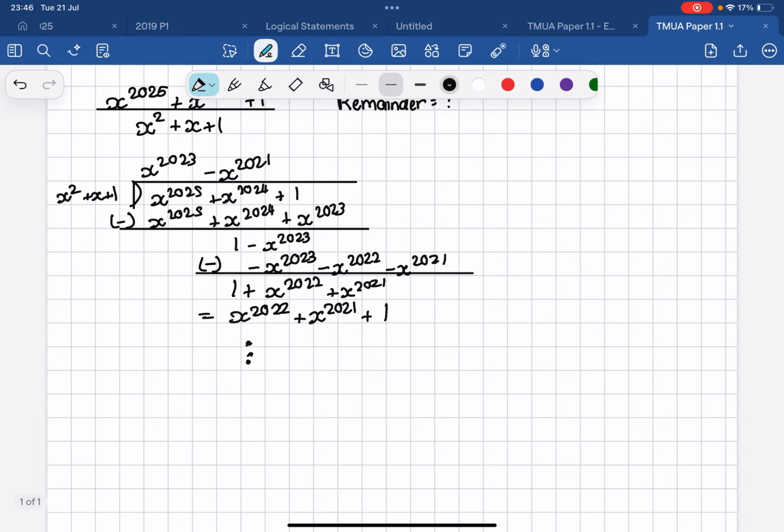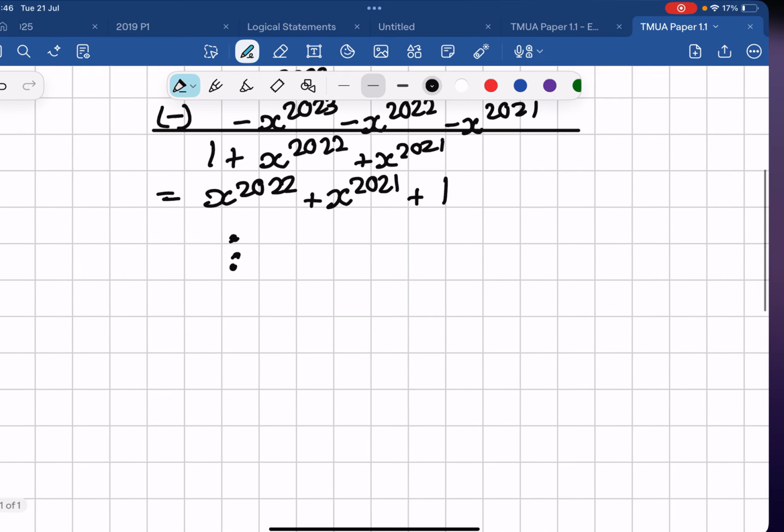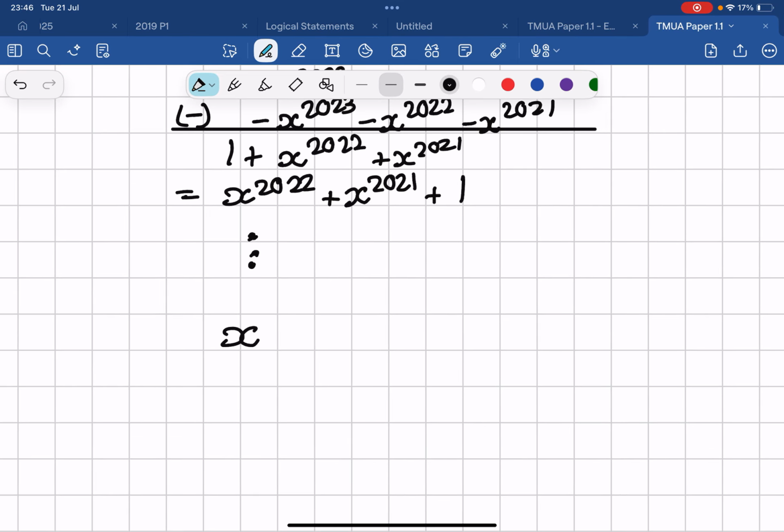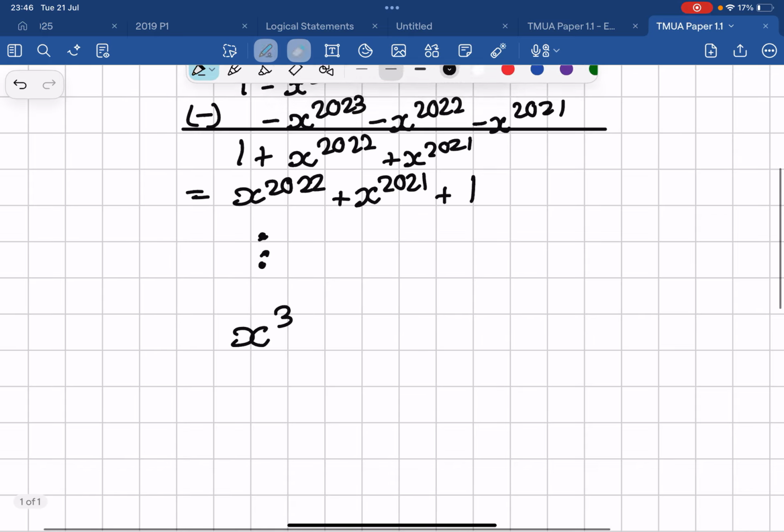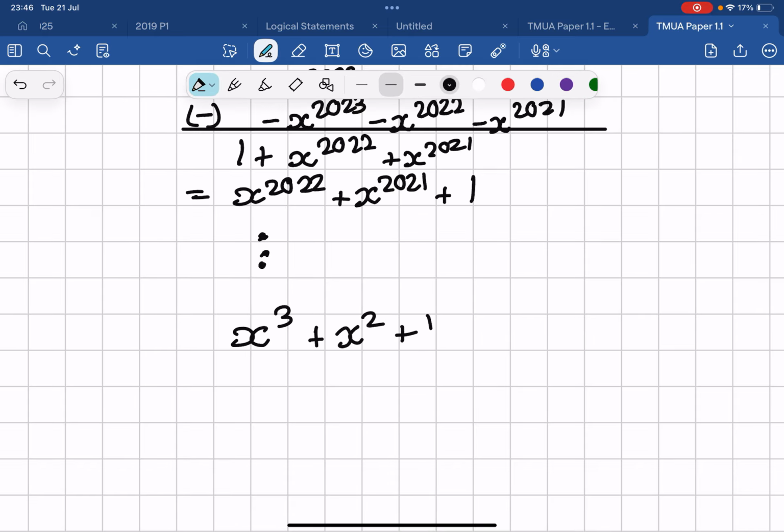So 2022 is indeed a multiple of 3 because its digits sum to 6, which is a multiple of 3. So we can say that we just subtracted a multiple of 3 from the powers, leaving x cubed plus x squared plus 1.